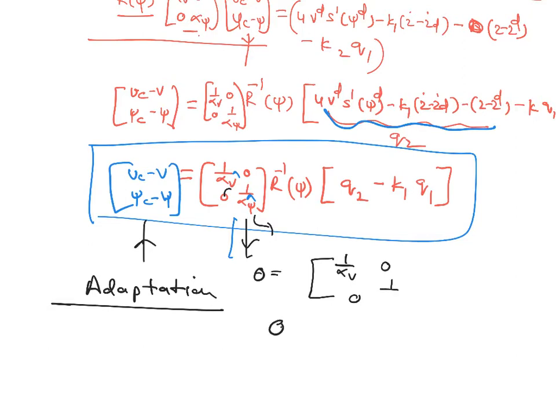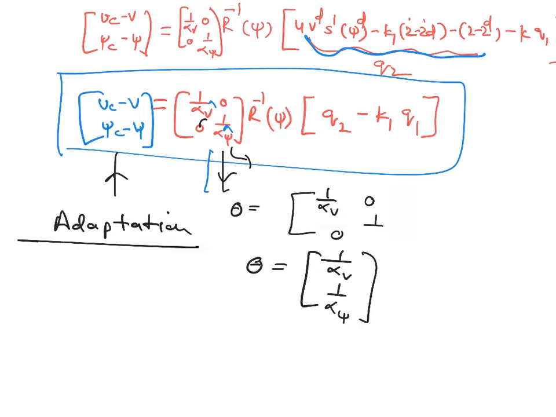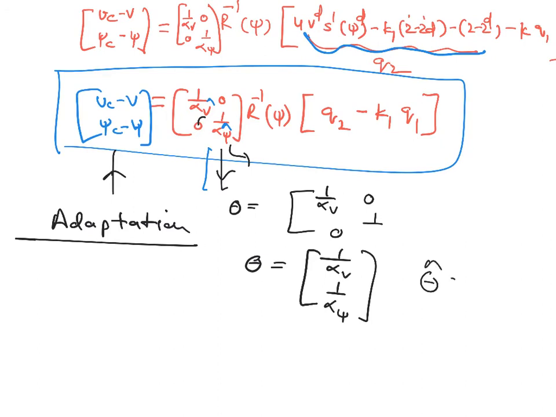So basically theta equals 1 over alpha v. Instead of estimating this, we are estimating 1 over alpha psi, right? And theta hat will be 1 over alpha v hat and 1 over alpha psi hat.